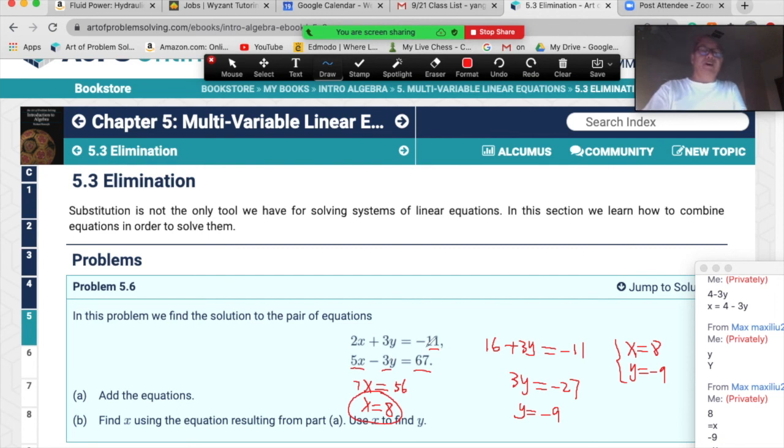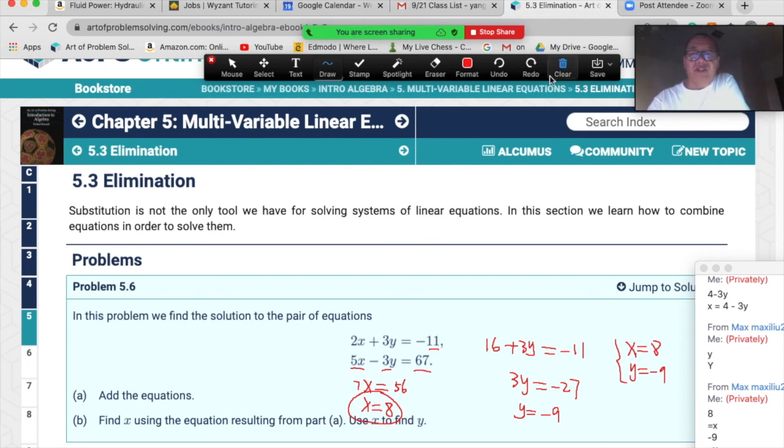But if the coefficients are not the same, then think about what number you need to multiply one of the equations, or both equations, by, to make one variable have the same coefficient. Then you can use this elimination way to solve it.